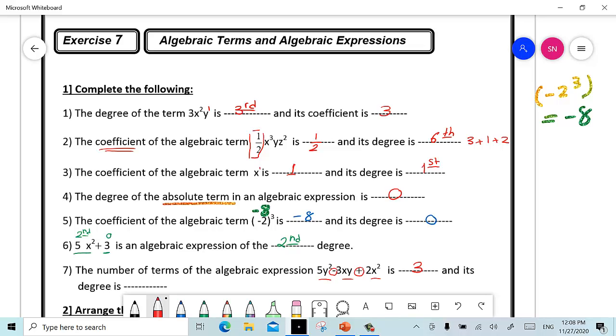And the degree of the algebraic expression is according to the degree of the highest term. The first term is 5y to the power of 2, so it's of the second degree. And 3xy is also of the second degree, because x has the power of 1 and y has the power of 1. And 2x squared is also of the second degree. Since all the terms are of the second degree, then the degree of this expression is also of the second degree.